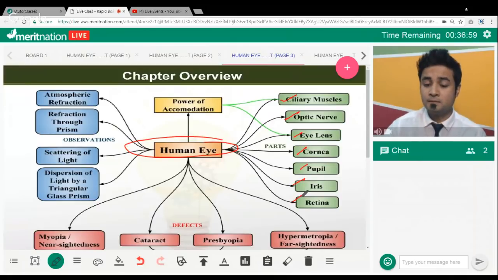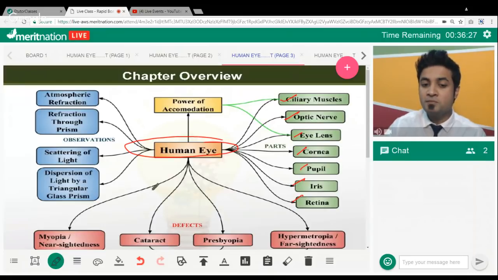In a 5 mark question, it may come: draw the labelled diagram of a human eye and briefly explain the functions of these parts. What are the ciliary muscles, what is the optic nerve, the eye lens, the cornea? Anybody here who can tell me what the ciliary muscles' function is?